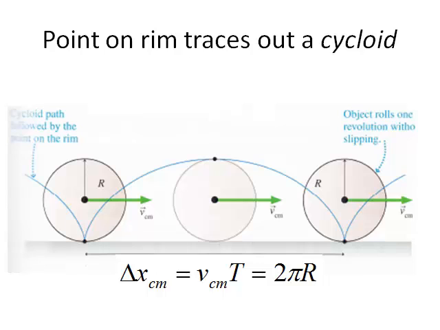In this case, if we consider the time to be one period of rotation of the object, we can say that the center of mass has actually traveled a distance of 2 pi r, the circumference of the circle. So if we roll out the circumference of the circle, if we take this line and straighten it out along here, the center of mass will have traveled one circumference length in the time of one rotation, or the period of rotation of this object.